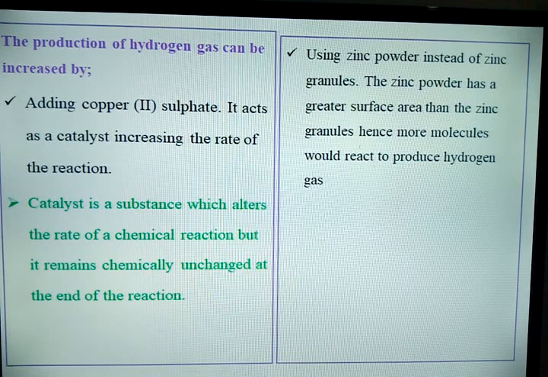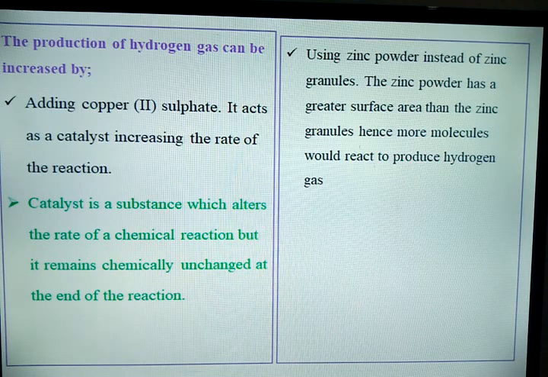If you want to speed up the rate at which hydrogen is produced by the methods we've seen above, we can add anhydrous copper 2 sulfate. This is a catalyst that will increase the rate at which the reaction occurs by lowering the activation energy.